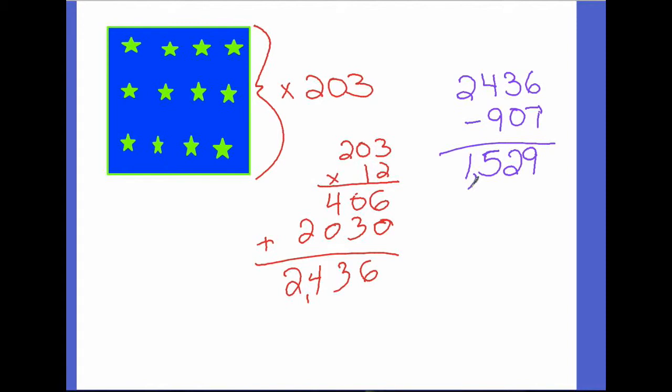The question is, how many stickers does Jeffrey have remaining? Eyeballs up here. So how would I write the answer to that? Morgan? You write the answer like he has 1,529.